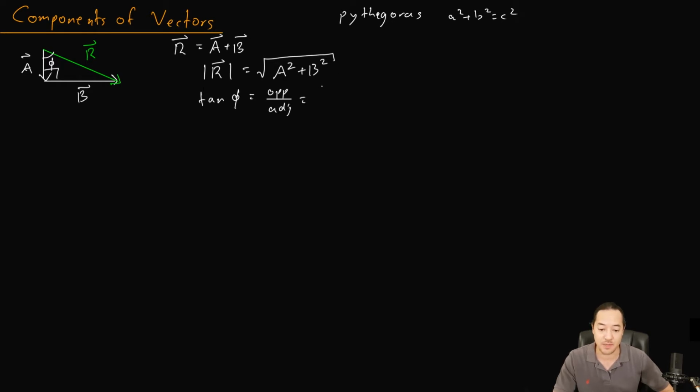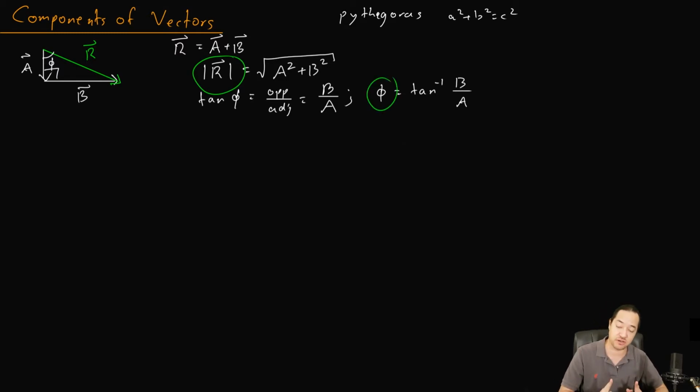And so in this case, the opposite is going to be the magnitude of B, divided by the magnitude of A, and so you'll get tangent of phi. So if you want to, you can just solve for phi, and that's going to be the inverse tangent, or the arctangent if you want, of B over A. And there we go. So we're able to directly calculate now the magnitude of R and the direction of R, because we have a special case with a right triangle.